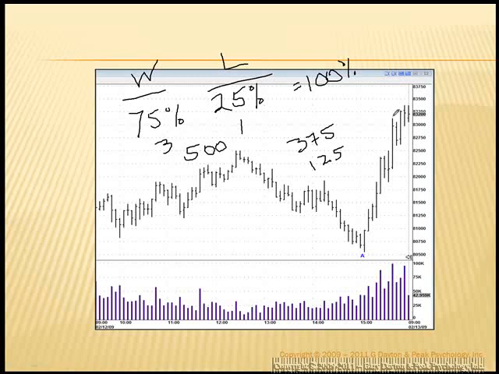So if that's the case, and we're just using American dollars here, then we're going to win 1,025 on our wins. Is that right? About that? And we're going to lose 125. And so net on this trade, our expectancy is that we're going to win $900, right?